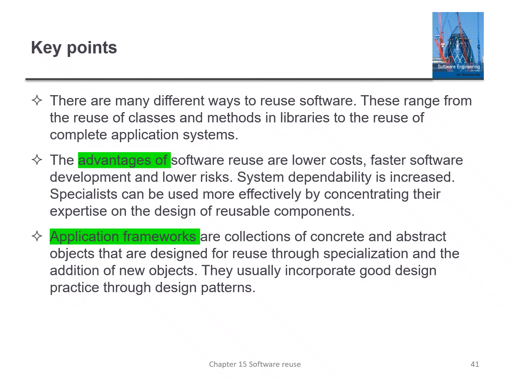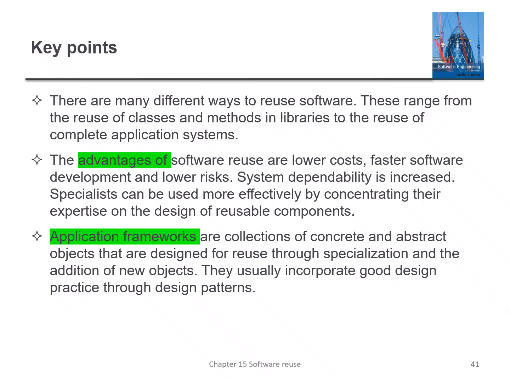There are many types of approaches that we have come across. One of them is the application framework. This is more at the programming level, where you have a running program with a collection of concrete and abstract objects that are designed to be reused through specialization and by adding new objects.